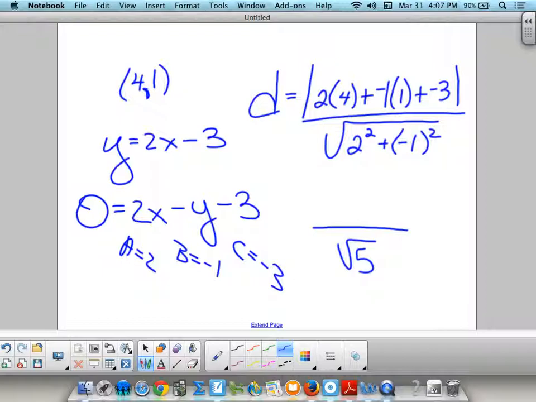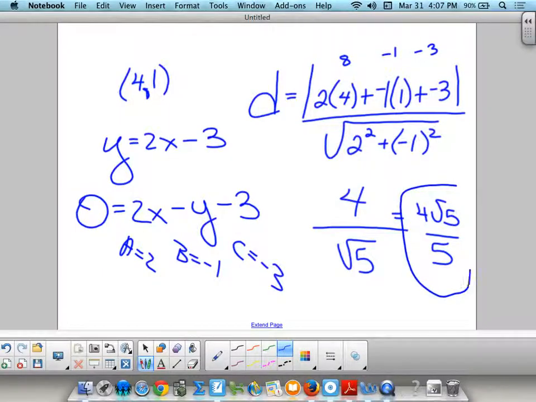Over, under. The top ends up being 8 minus 1 minus 3 ends up being a 4. I believe, yes, 4. All right. Rationalize that, you get 4 square root of 5 over 5, and I believe that's your answer right there.